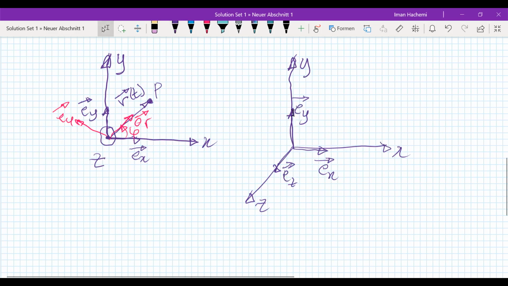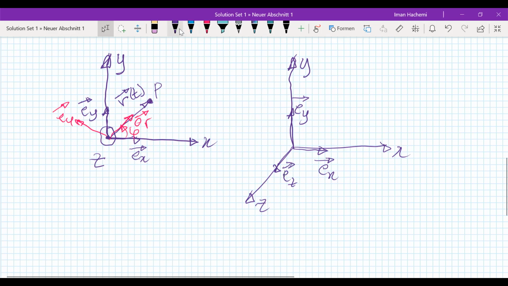These three are the basis vectors, or unit vectors, in the Cartesian coordinate system. Instead of this coordinate system, we will use this one, Er and E phi.